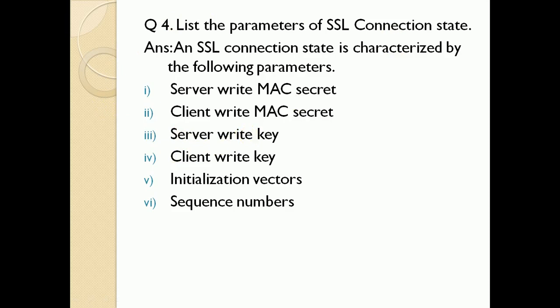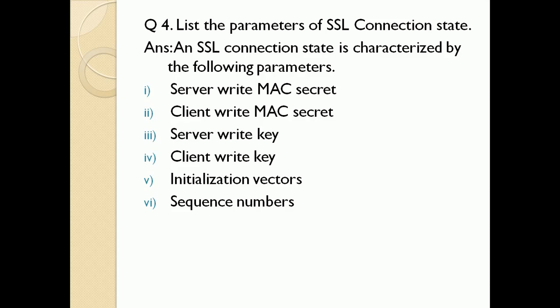Okay. The next parameter is the initialization vector. An initialization vector, also called IV, is used for each key by a block cipher operating in CBC mode. You know what is meant by block cipher, and also CBC mode. Block cipher means one input block at a time produces one output block at a time.